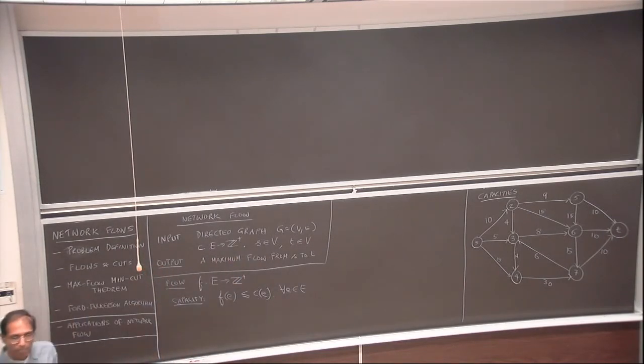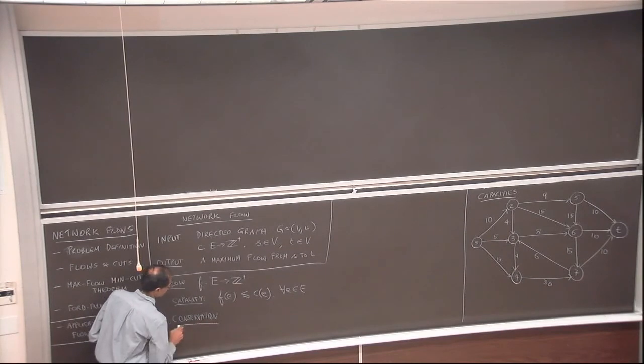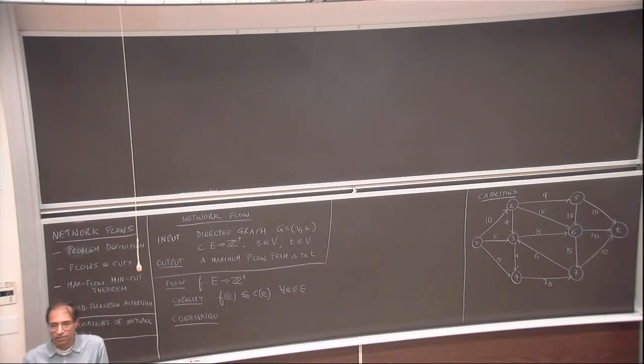The second is the conservation constraint: you can never collect stuff at any node, or manufacture stuff at any node, other than at the source, which only sends out, or the sink, which only consumes.